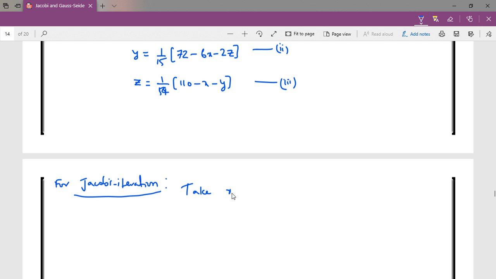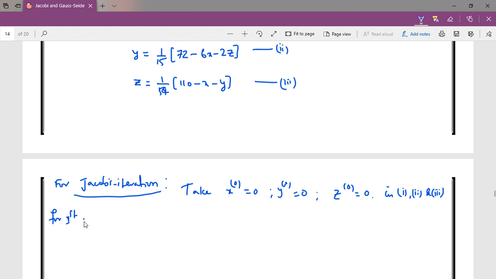For Jacobi iteration, take x0 as 0, y0 as 0 and z0 as 0 in equations 1, 2 and 3. In all the equations we need to take x0, y0, z0.